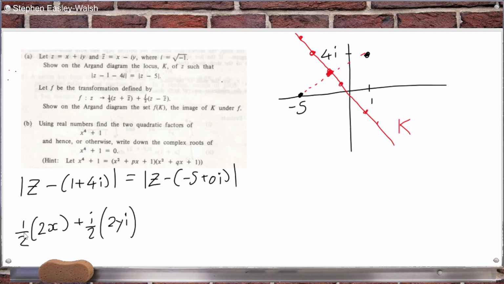Well, the 2's cancel, so that's equal to x minus y, because i squared is minus 1, plus 0i. So what the transformation does is it subtracts the x and the y, and you have 0.